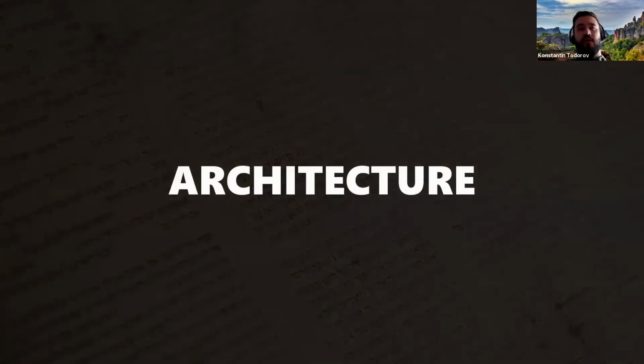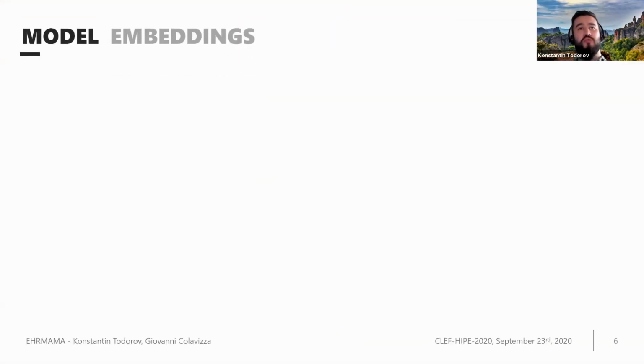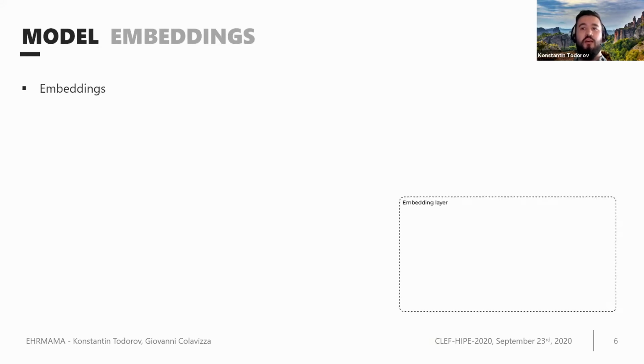Now, going to the architecture, I will first talk about the embeddings. As I already mentioned, they are the most important in our study. So to the right, you can see the embedding layer. This, of course, accepts the input, which in the case of named entity recognition is usually sequences of tokens. In there, we have 4 different types of embeddings. We first have a newly trained embedding module, which is initialized randomly and trained from scratch during the training process.